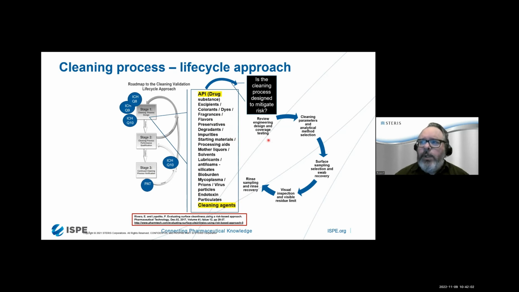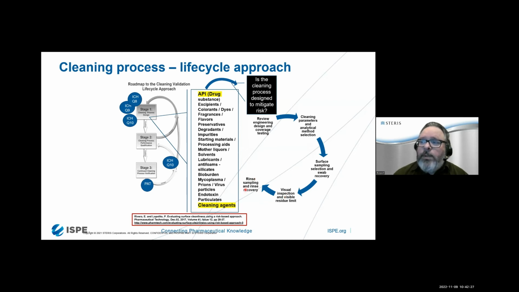We always want to review the engineering and design, which Richard talked about, and coverage testing. And then we always want to think about the parameters and method selection. And then we want to think about what we want to use during the validation to support the routine monitoring. That could be surface sampling and recovery. It could be visual inspection. It could be rinse sampling and recovery.